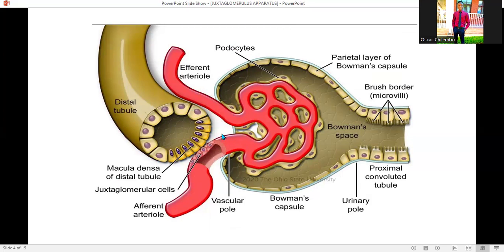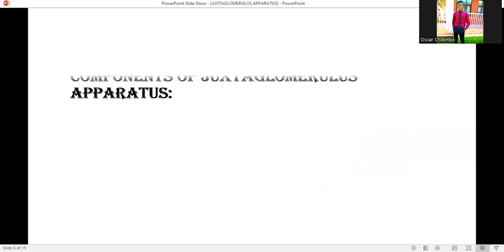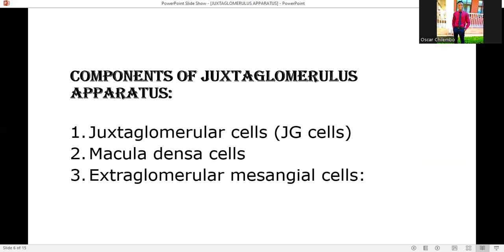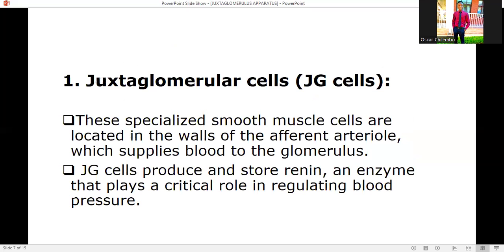Now, let's look at what the macula densa, the juxtaglomerular cells and the extraglomerular mesangial cells really are, because these are the major components of the juxtaglomerular complex, the ones which make it up.